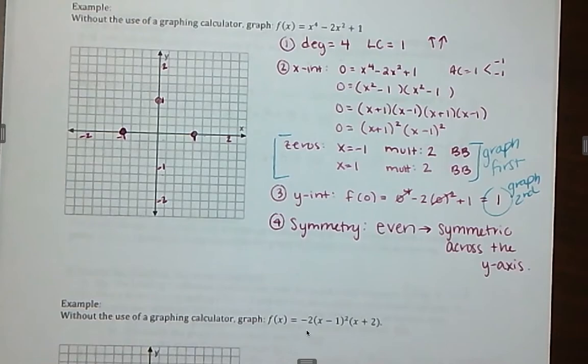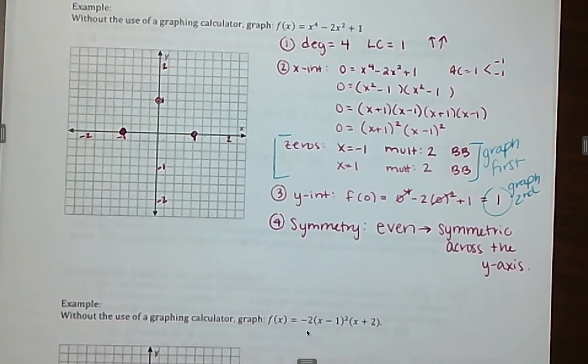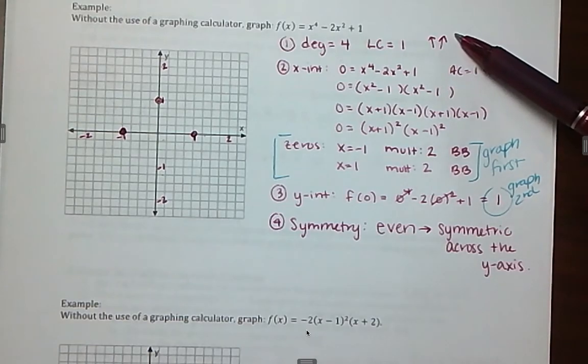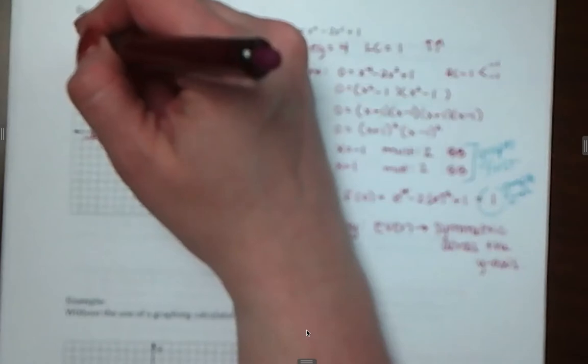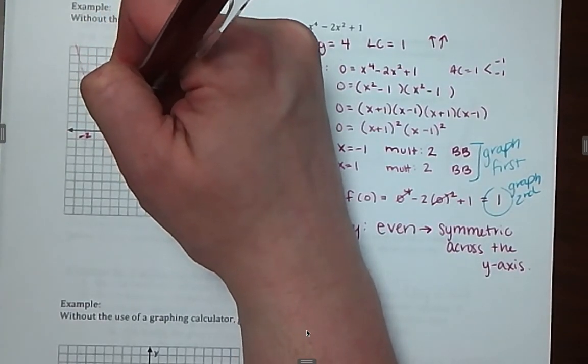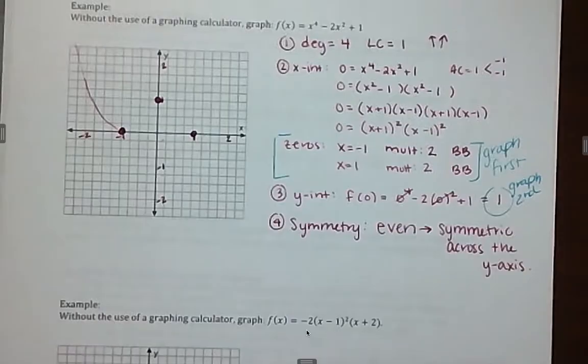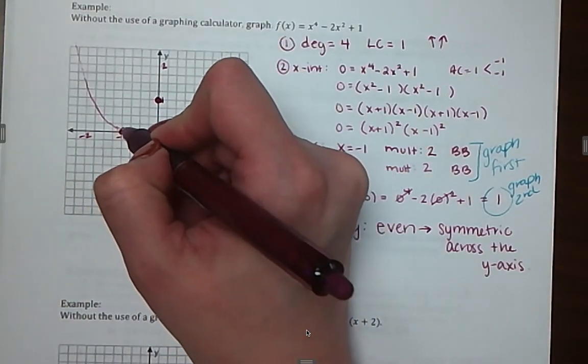On the left-hand side, are we going to start at the top or the bottom? The top. So we're going to start at the top, and go towards that x-intercept. When we get to that x-intercept, are we going to touch it and cross through it, or touch it and bounce back? Bounce back. So we're going to come back up.